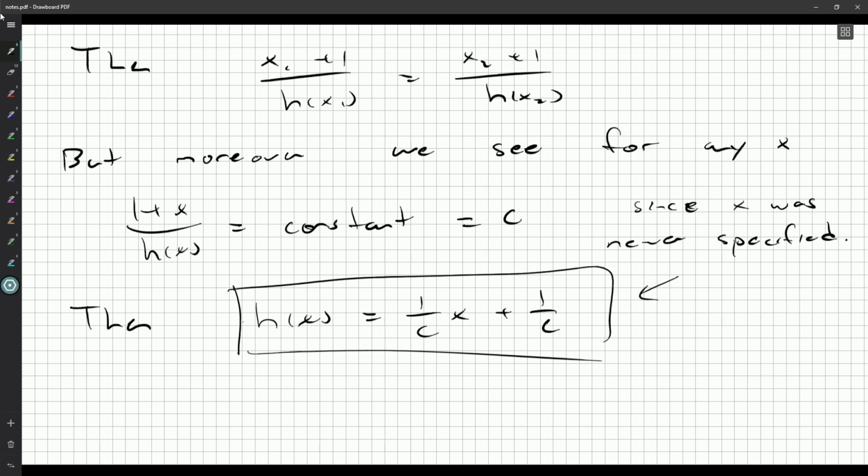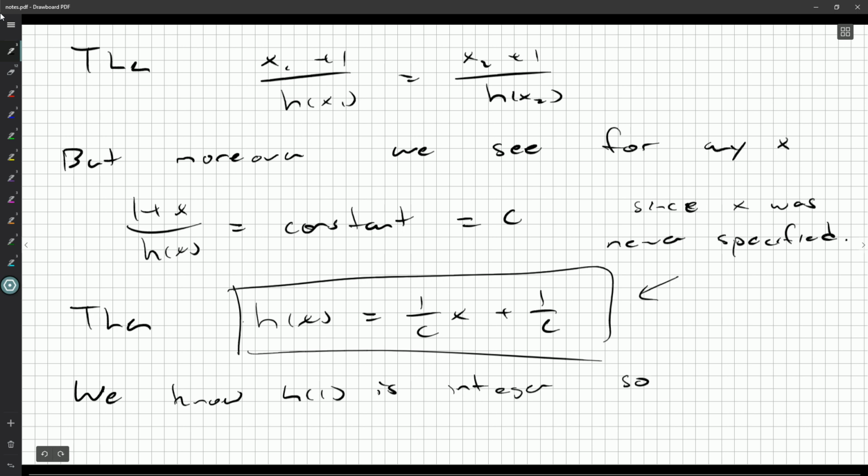Now, what exactly can we do? Well, we know the output has to be an integer. We know h of 1 is an integer. So h of 1 is 1 over c plus 1 over c, so that's 2 over c.